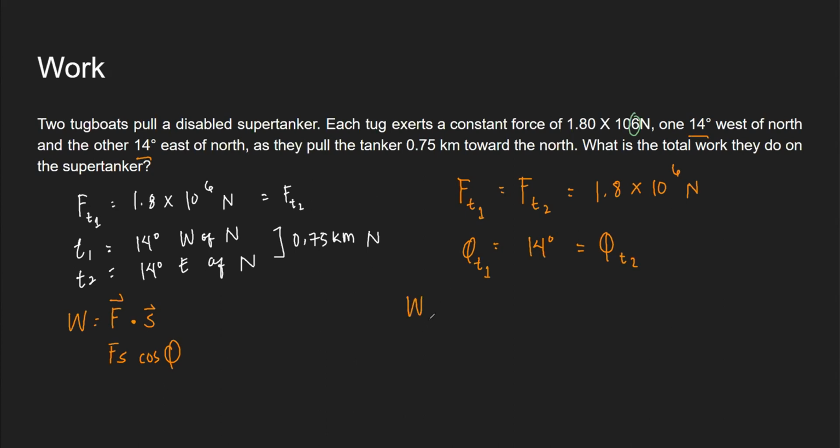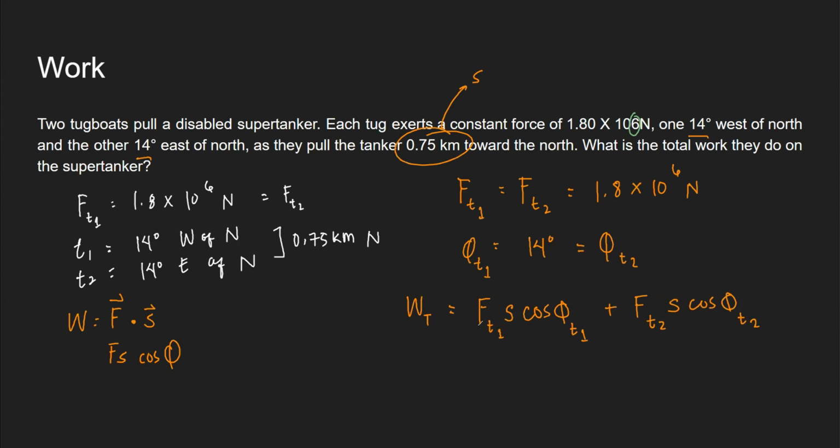Now, W total is equal to our Fs, so that would be F_T1 times S, which is 0.75 km, cosine phi_T1, plus F_T2 S, same thing, cosine phi_T2.